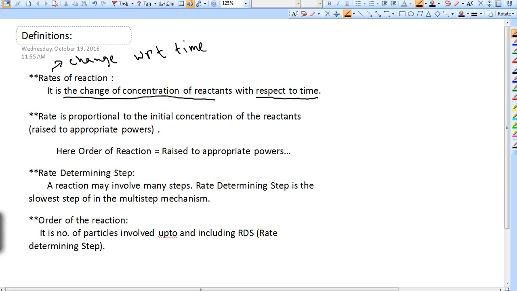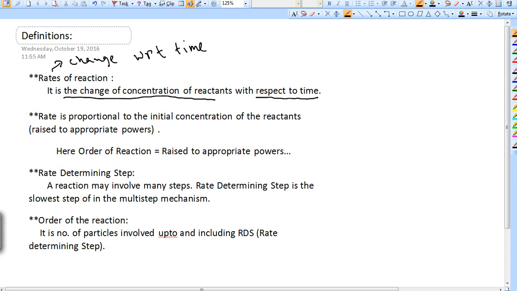Here is another piece of information that we need to know: rate is proportional to the initial concentration of the reactants. As you already know, rate is proportional to the concentration of reactants. As the concentration increases, rate increases. As the concentration falls, rate falls.